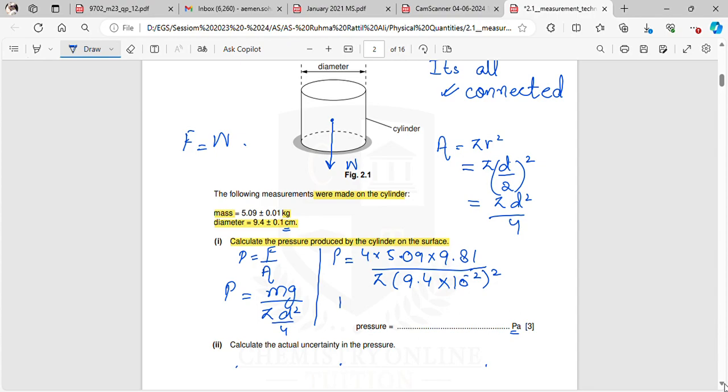So when I put these values, I'll get the answer: 4 into 5.09 into 9.81 by pi into 9.4 exponent minus 2 squared.